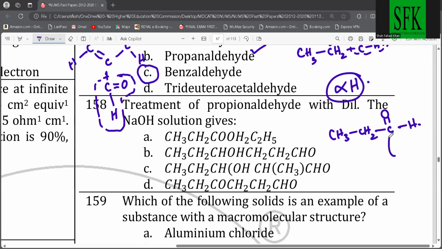Okay, added an OH additionally from over here. So this will also become an OH. When that happens, now you've got two OH groups attached. But wait, that's not what they mean, I guess. It seems to be a hydrolysis reaction.